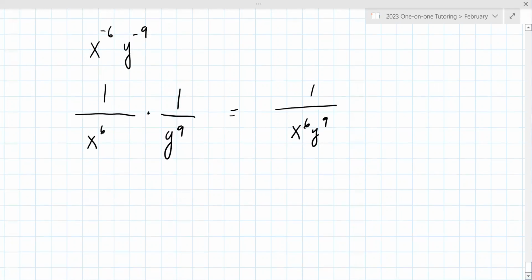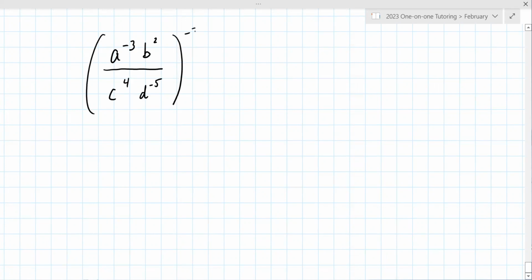Okay, so here's another one to look at. A to the minus 3, b squared, c to the 4th, d to the minus 5th, all to the minus 2 power. Give this one a try. See what you come up with.